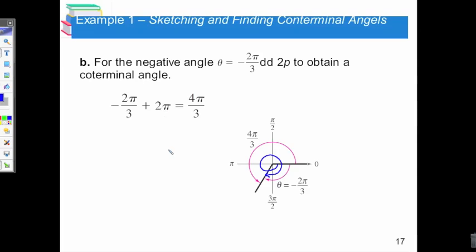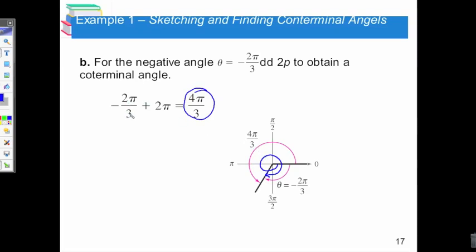It's all about really thinking and being able to process through and understand, does my solution make sense? If I came out with another negative answer right here, I would have to know that it's not going to be the coterminal angle I'm looking for, because I know that the coterminal angle I'm looking for is the positive version. It's supposed to be a positive number.